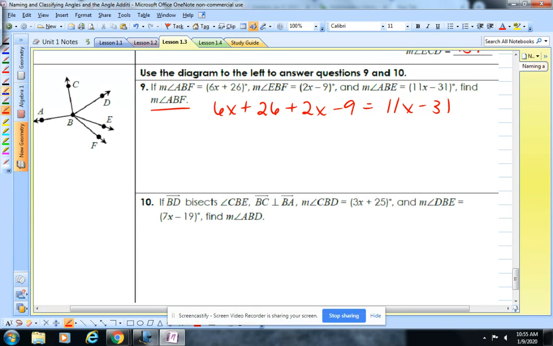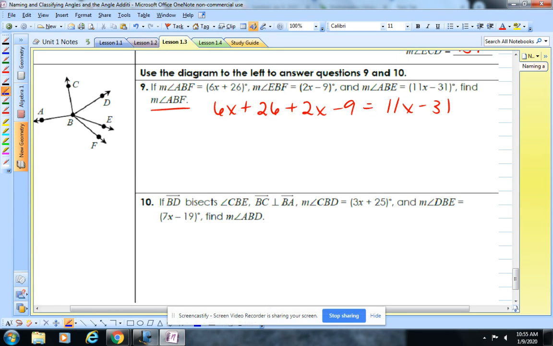Because I'm going to go to 10, because 10 goes to the same picture. All right, now this is important information here. Ray BD bisects CBE. So CBE is this angle. So BD slices these two into equal parts. Y'all see that?